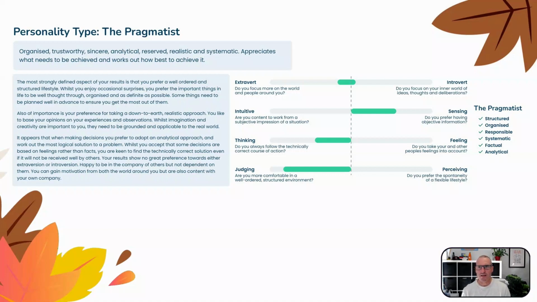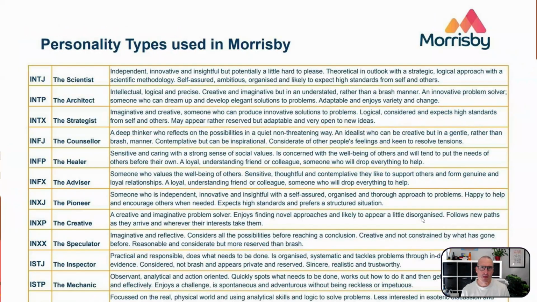Alongside is a quick summary of some of the adjectives to describe the particular personality type. This is a quick table, and by no means am I going to run through all 81, but just to give you the feeling that there are personality types used in the background, and then how those combinations are presented to the individual.